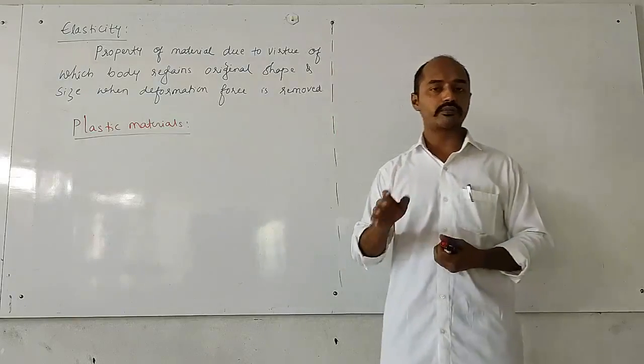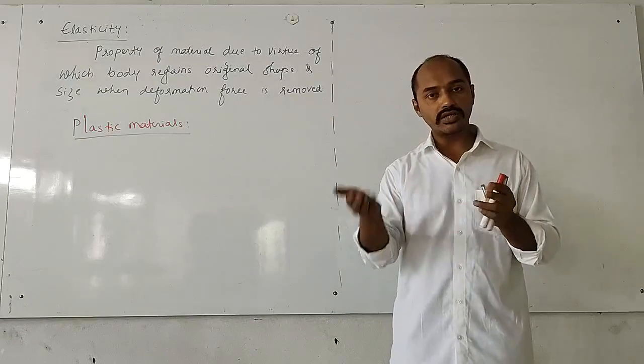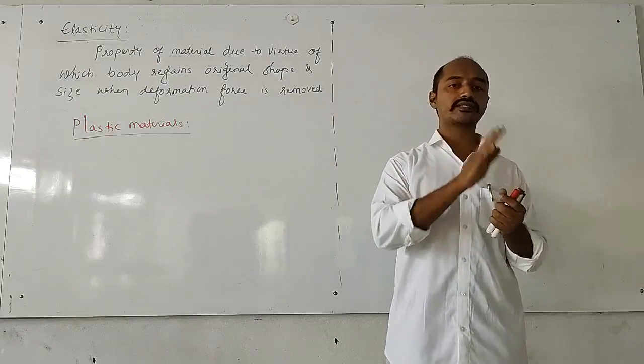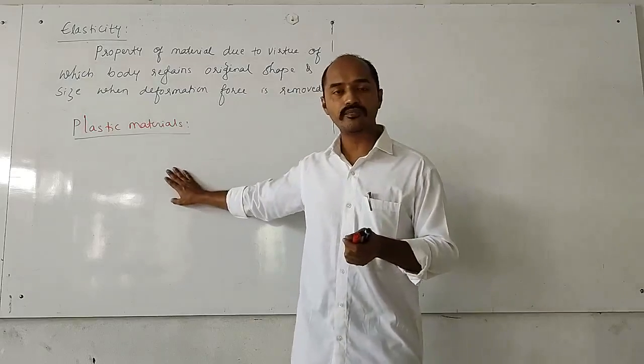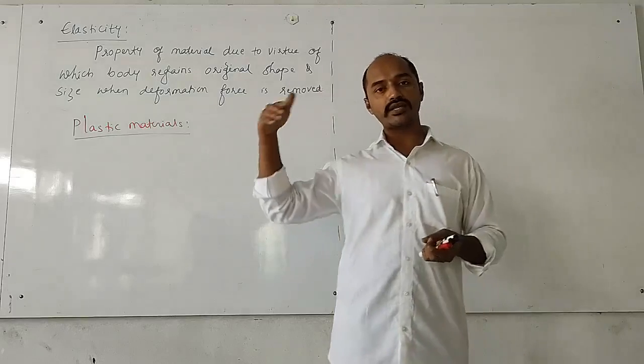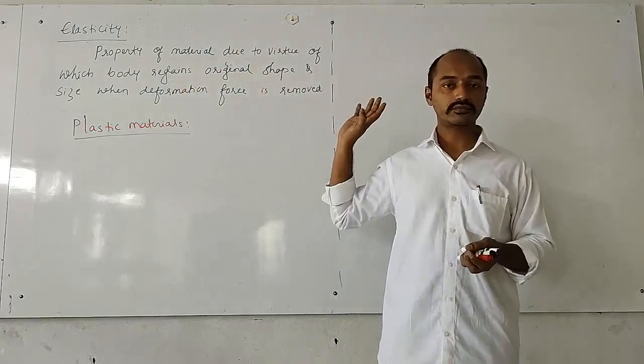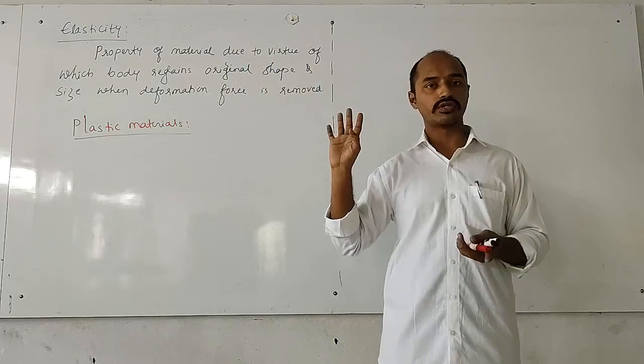Plastic materials are the materials which do not regain their original shape and size after removal of deformation force. Here it does not regain after removal of deformation, whereas in elasticity it does.